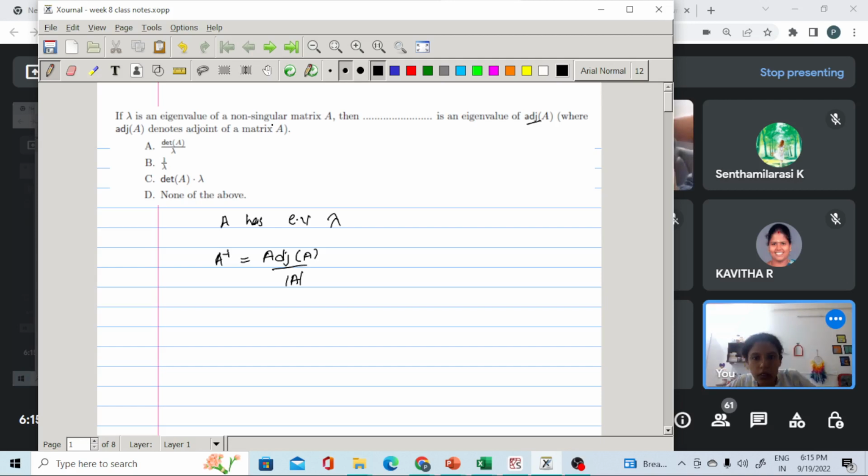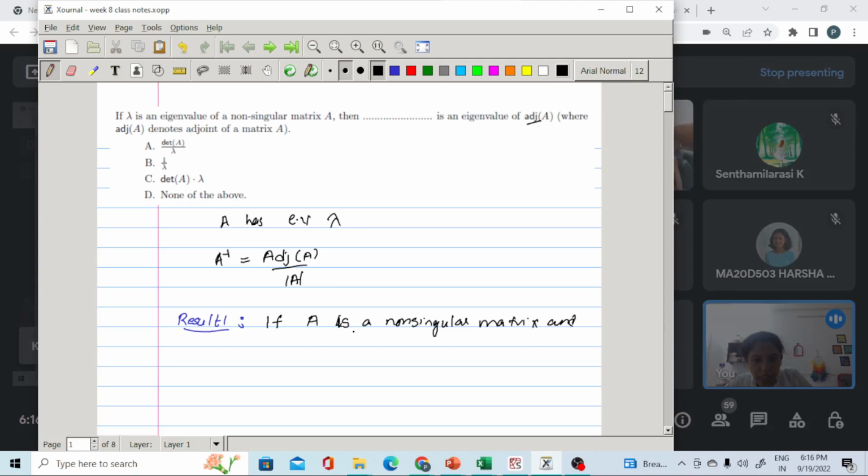Before going to prove this, let me give you two results. First result: if A is a non-singular matrix and lambda is an eigenvalue of A, then since A is non-singular, lambda cannot be 0.